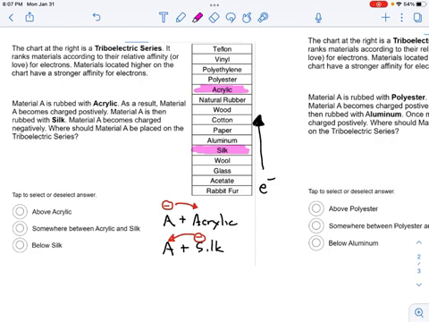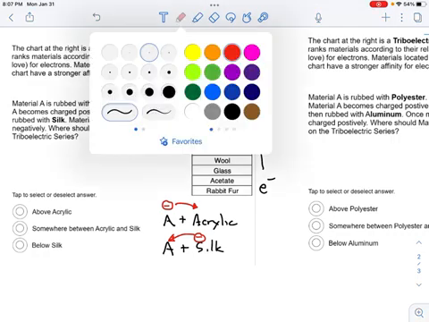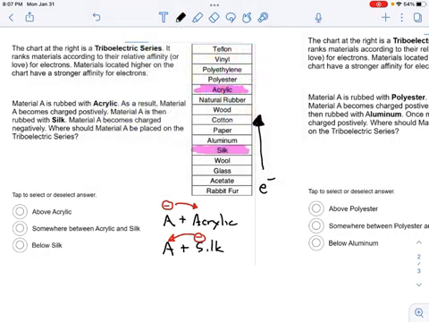So we say that electrons move uphill. So if we look at this and we say, all right, well, if silk gave away electrons, then this tells us that A is above silk.